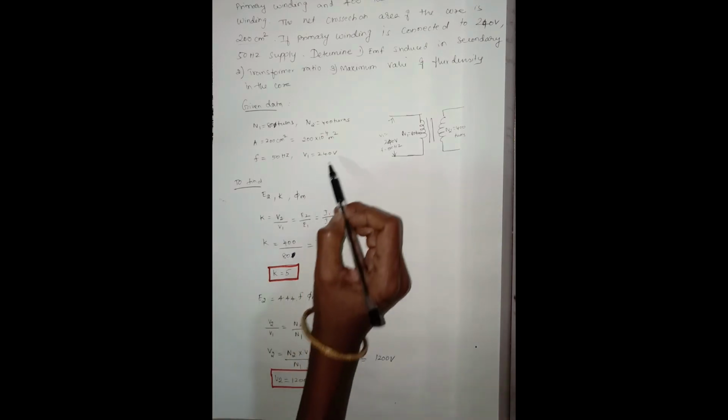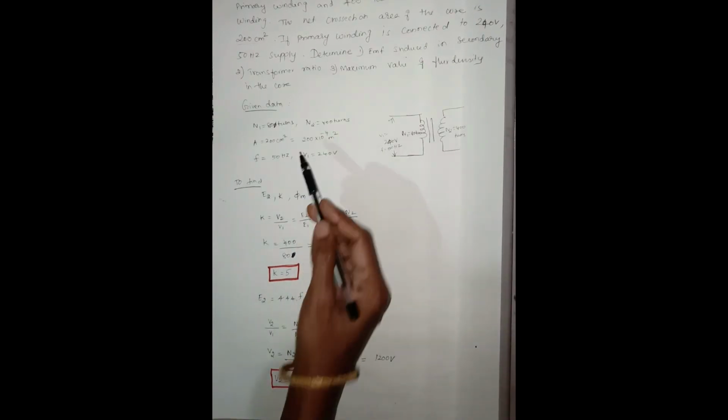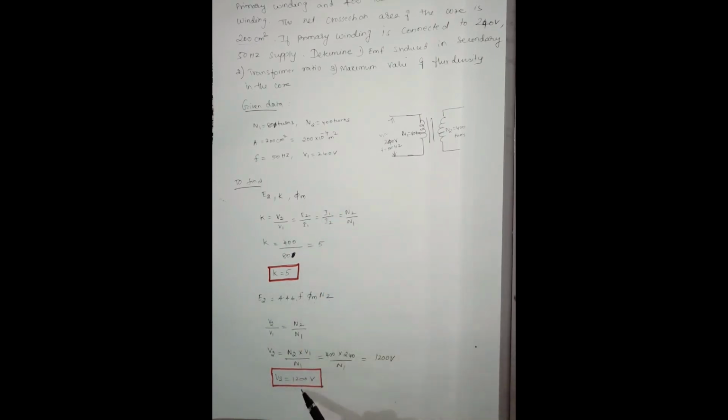In this you see, V1 is 240 primary, and V2 is 1200. What type of transformer is this? Step up. That is, 240 volt is stepped up to 1200.